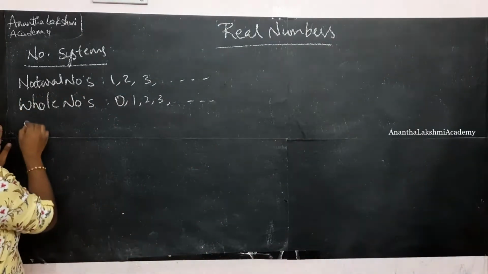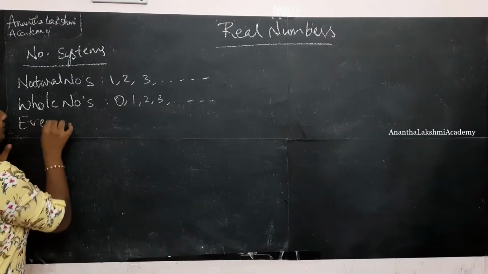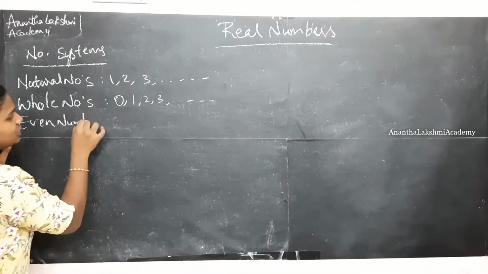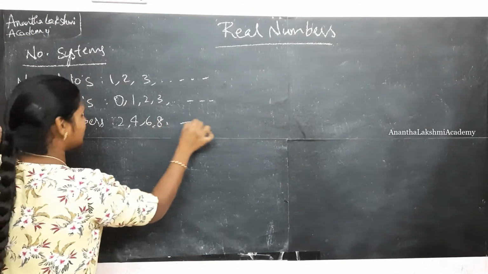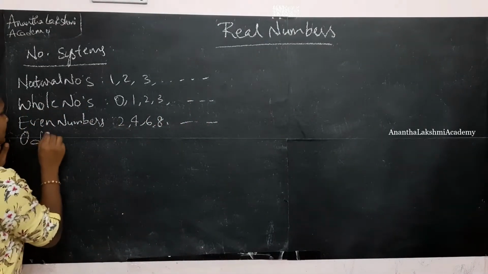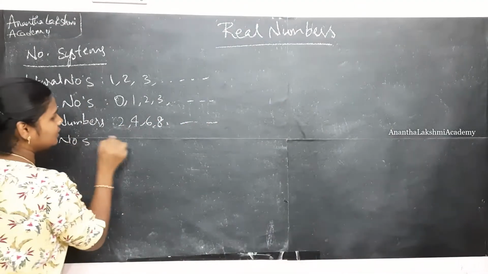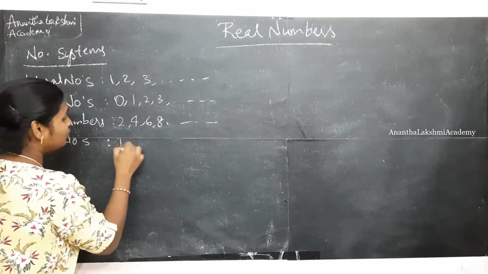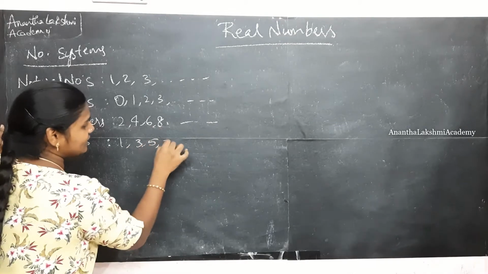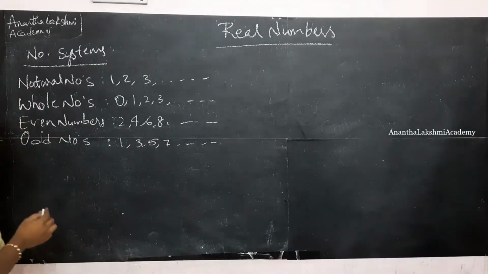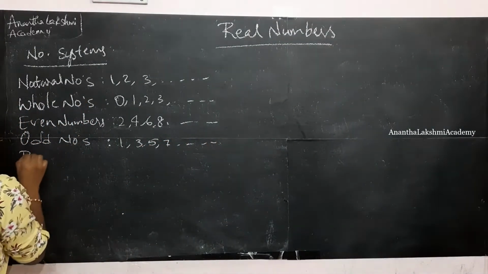And then we have even numbers. What are even numbers? Which are divisible by 2: 2, 4, 6, 8 and so on. And we have odd numbers which are not divisible by 2, which are in the form of 2n plus 1: 1, 3, 5, 7 and so on. Alright. Then we have prime numbers.